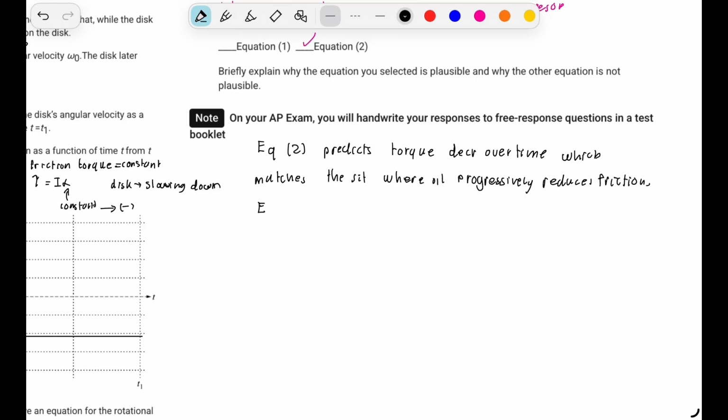In equation 1, on the other hand, we saw that it predicts that torque is going to increase with time, and we saw that it contradicts our experimental description.